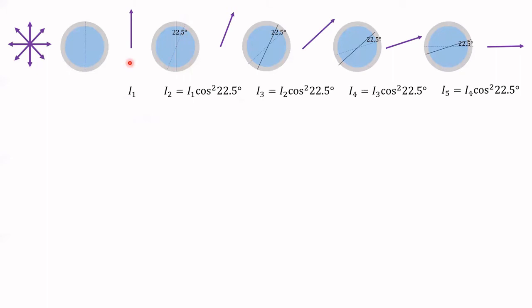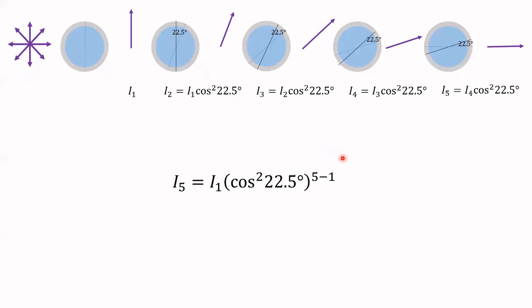Could we have done this all more quickly? Yes, of course. Take the original intensity I1, that's the polarized intensity coming out of the polarizer, not the unpolarized intensity. I1 is what's coming out of the first filter. And then you can see we would have to multiply by cosine squared of 22.5 degrees how many times? Well, once for passing through this filter, twice, 3 times, 4 times. 5 minus 1 is 4.